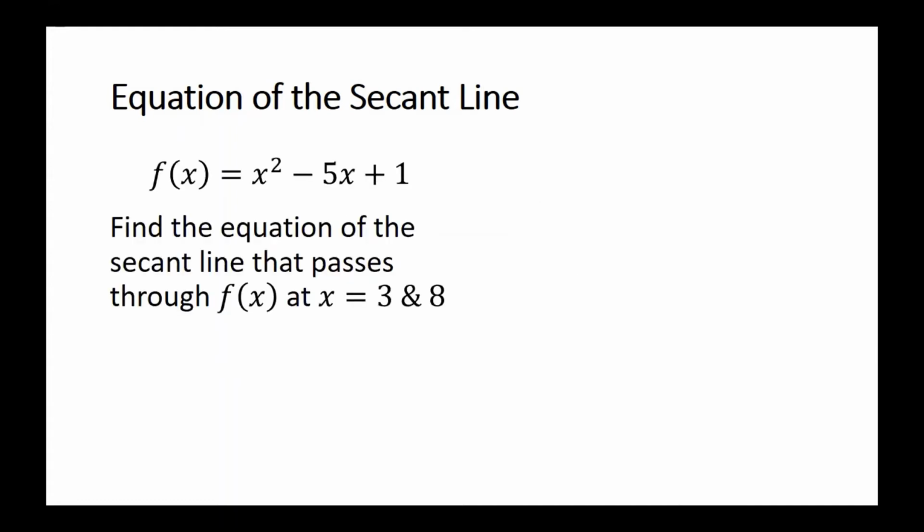If we have the function f of x is equal to x squared minus 5x plus 1, and we want to find the equation of the secant line that passes through f of x at x equal to 3 and 8, then we first plug 3 into the function. f of 3 is equal to 9 minus 15 plus 1, which is equal to negative 5.